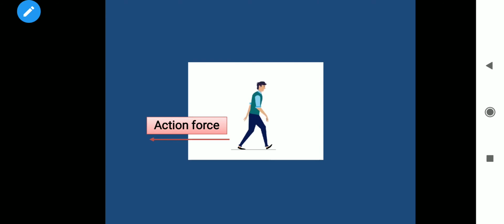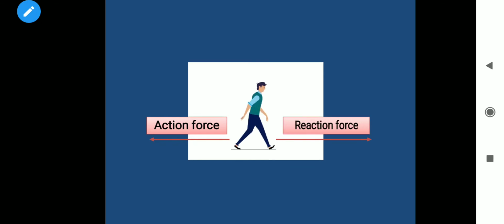When our feet apply an action force, at the same time, the ground also applies a force on our feet, in the opposite direction, which is called the reaction force. Action force and reaction force are equal in magnitude and opposite in direction.